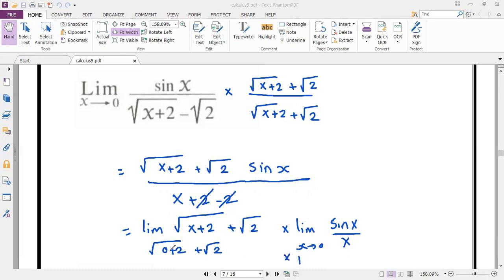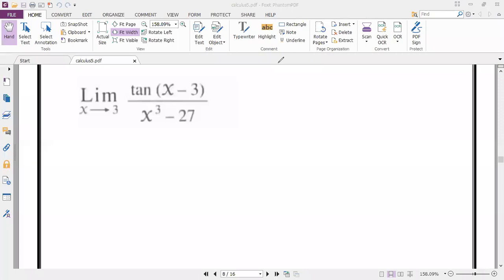So the square root of 2 plus the square root of 2 is 2 square root of 2, multiplied by 1, which is 2 square root of 2. That's it. What is the next?